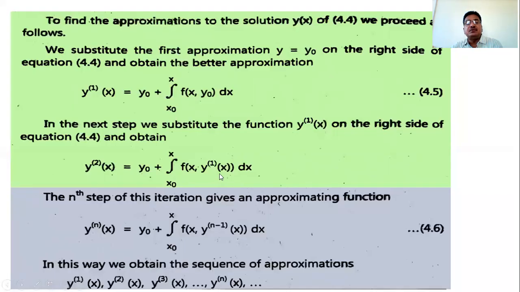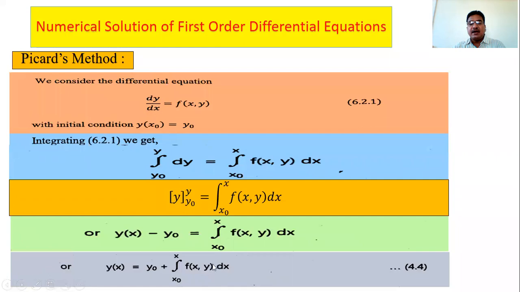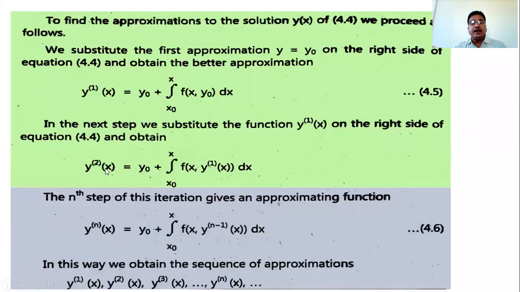Then to obtain the third approximation, in order to obtain y raised to 3(x), substitute y as y2(x).